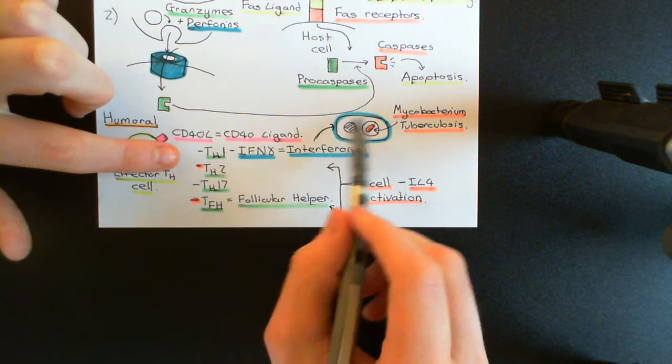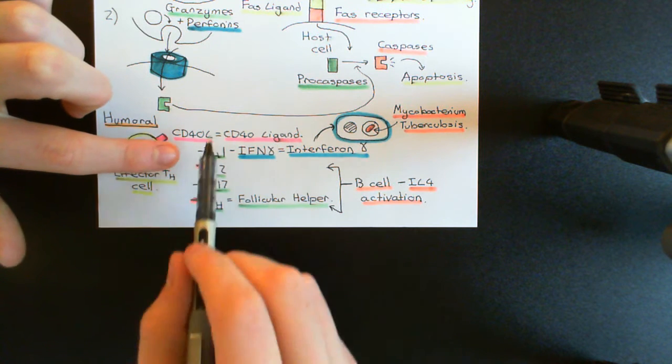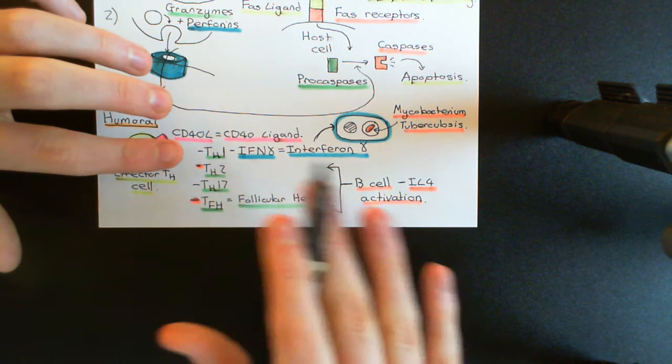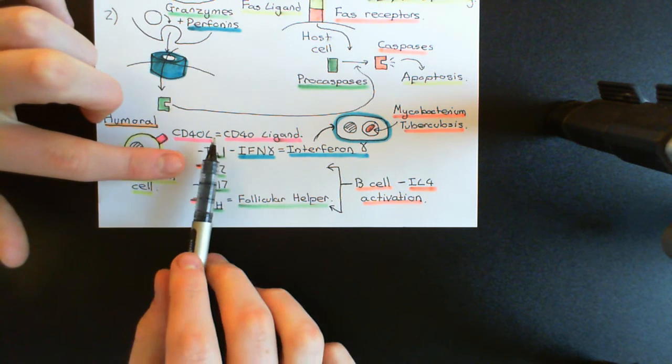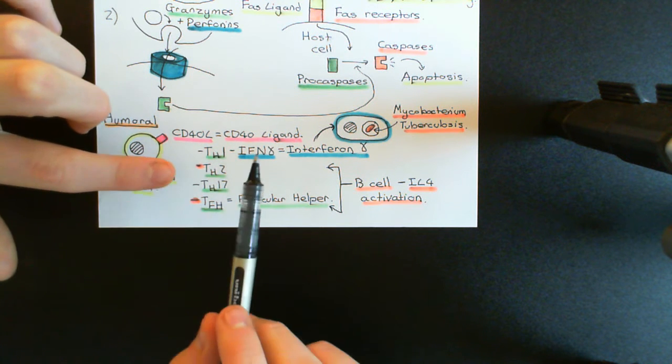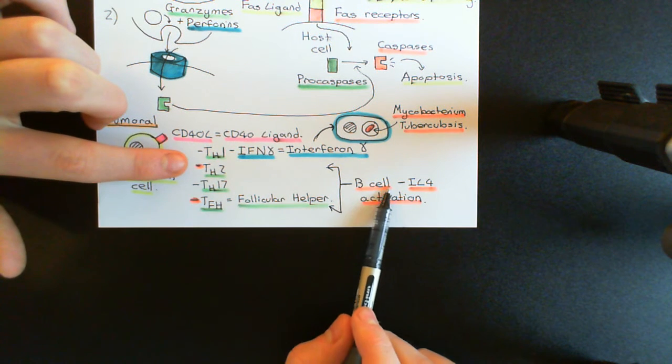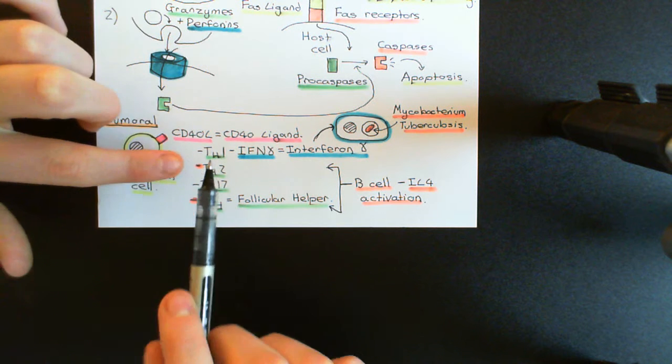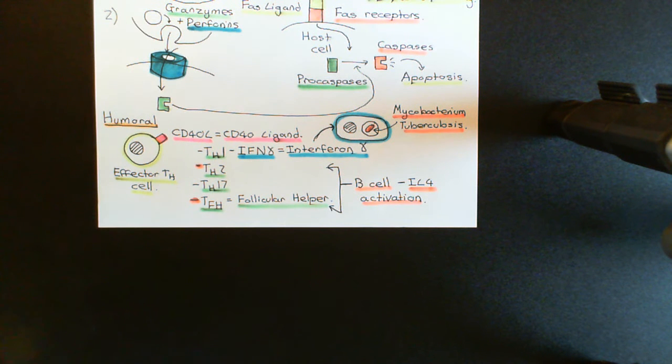So you'll see that it's a running theme that these other mechanisms are all quite non-specific. They don't rely on the specificity of these helper T cells at all. Indeed, it's the activation of B cells that relies on them having a specific T cell receptor directed against a specific fragment of a specific antigen from the pathogen.